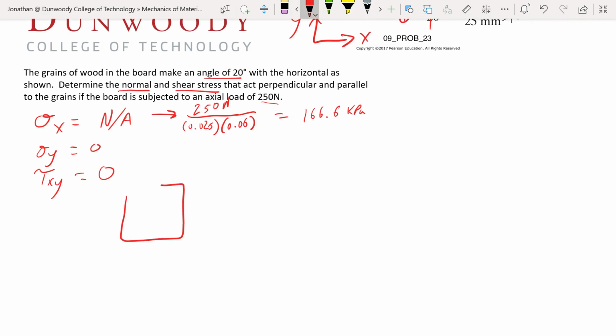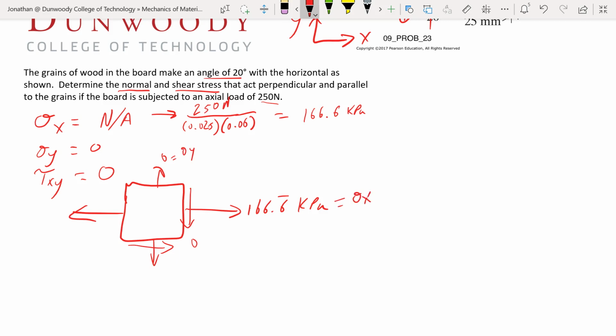My element, 166.6 kilopascal. This is 0. I drew that negative. I don't know why I drew that negative. We'll go with it. This is 0 as well. Sigma y. This is sigma x.